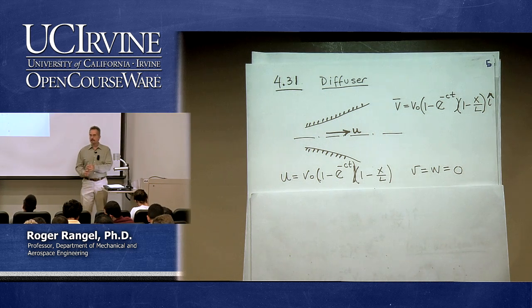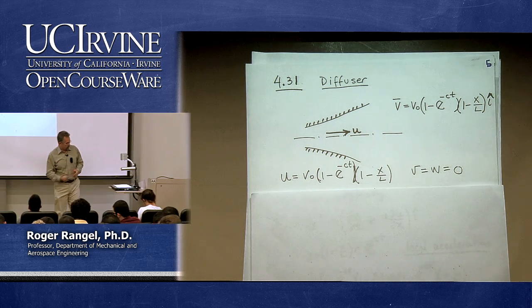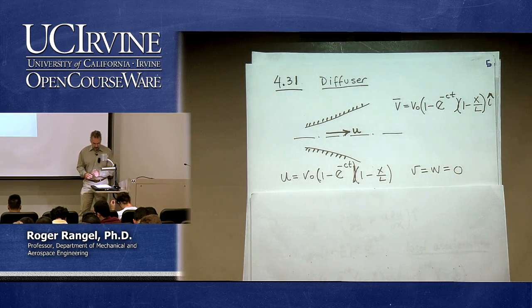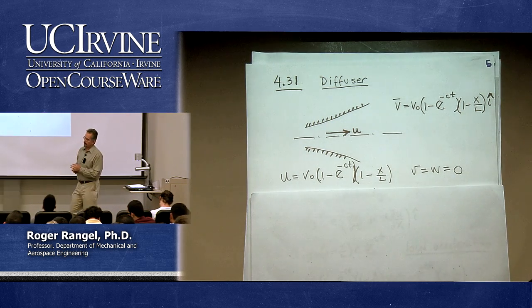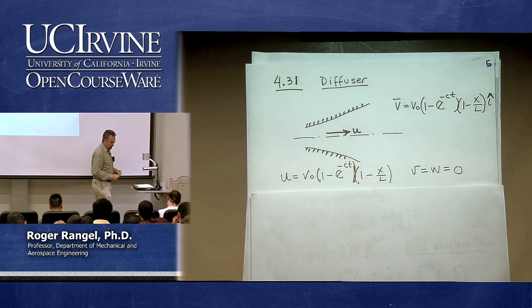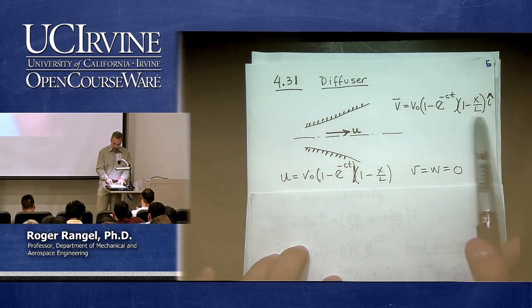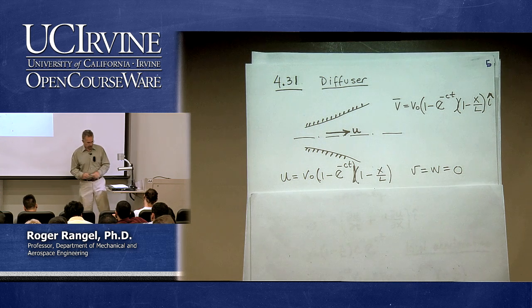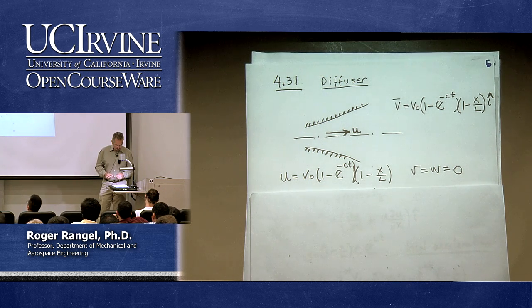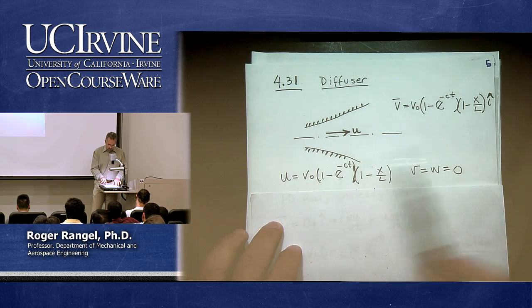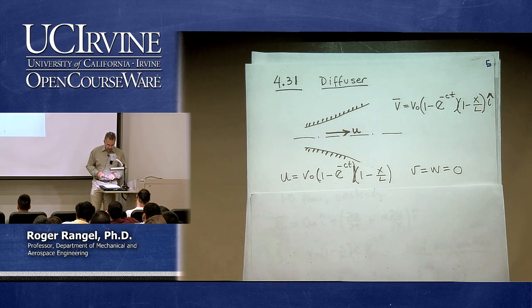There is no velocity in the j direction, perpendicular to the axis of the diffuser, and there is no velocity normal to the paper. But it is time dependent, and of course it depends also on x. So here are the three components: u is what was given to us, v and w are 0.